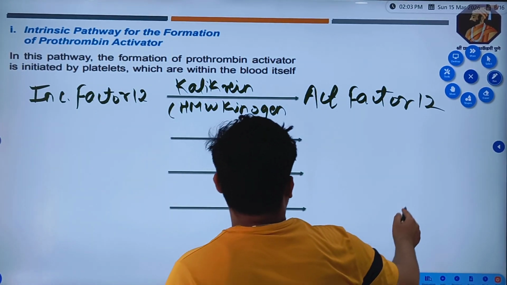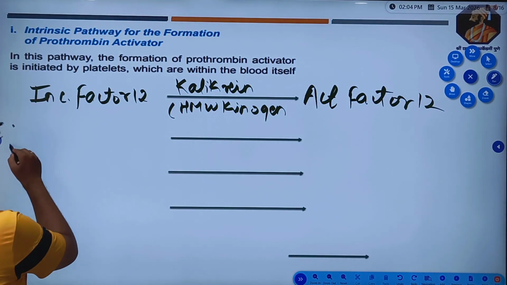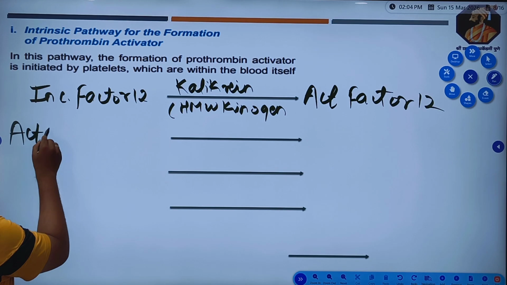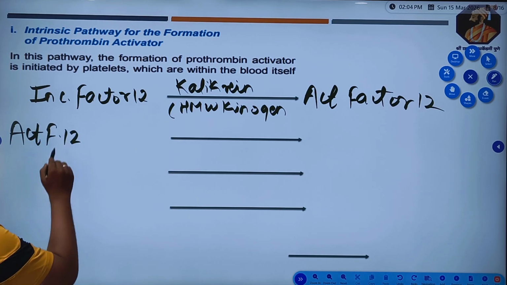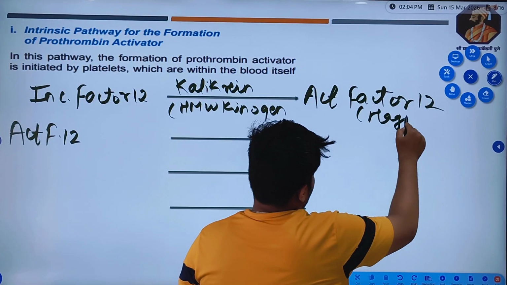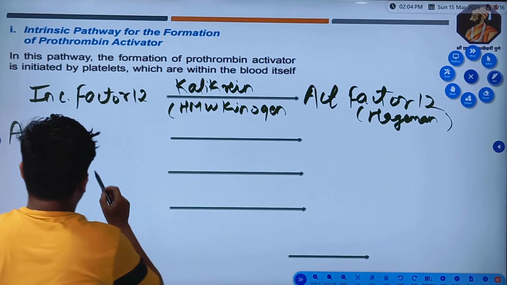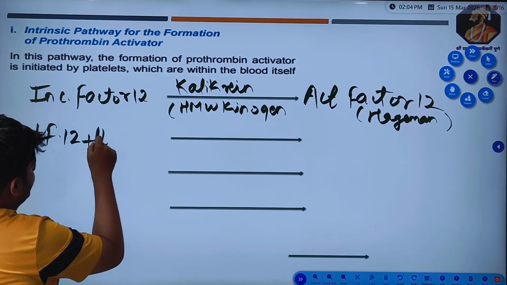Now, what happens is this active factor 12, this is the Hageman factor, right? Hageman factor.